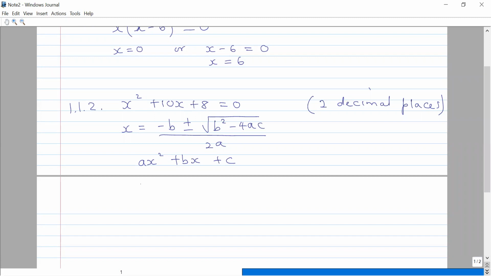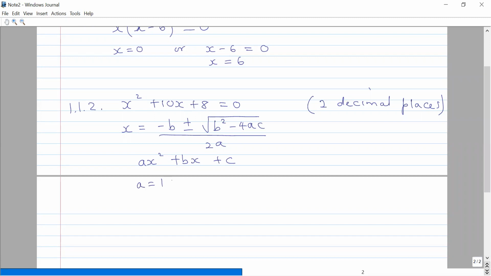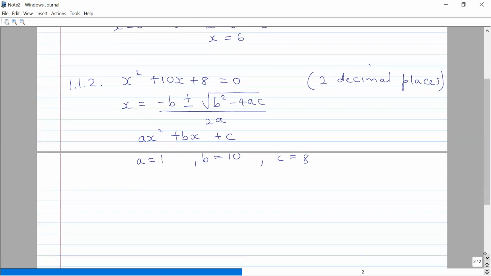Okay, so in this case, a will be equal to 1 and b will be equal to 10 and c is equal to 8. c is just the constant, while b is the coefficient of x and a is the coefficient of x squared. Okay, so now we need to substitute in the equation for the quadratic.